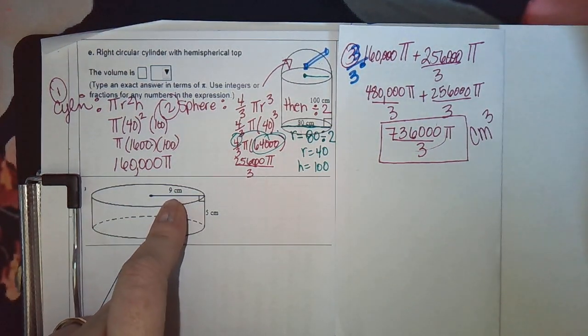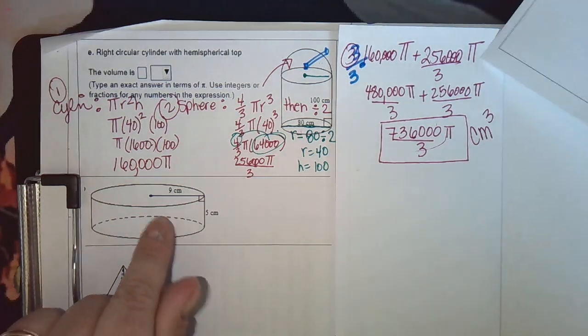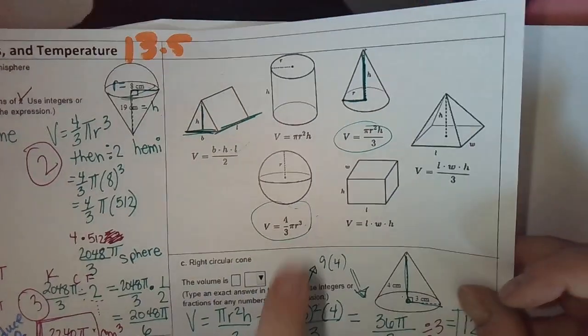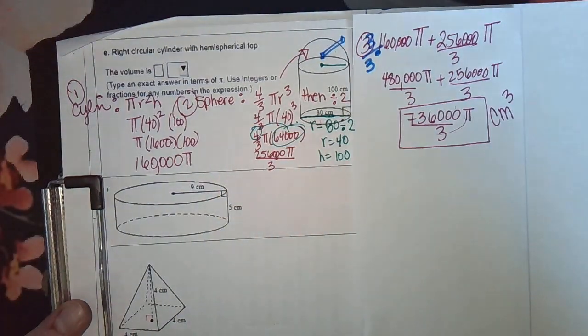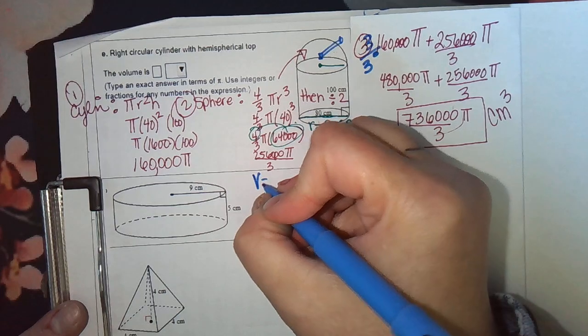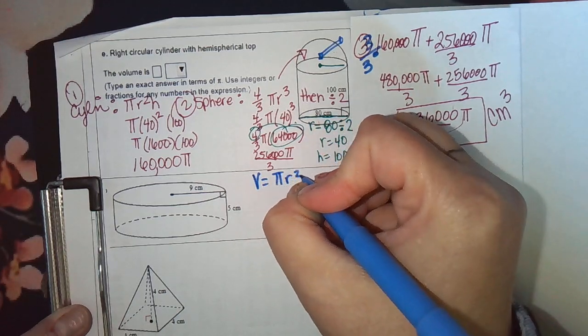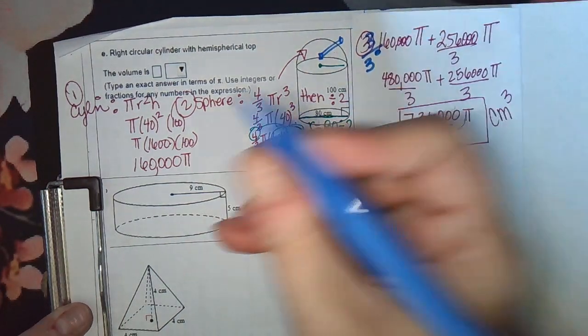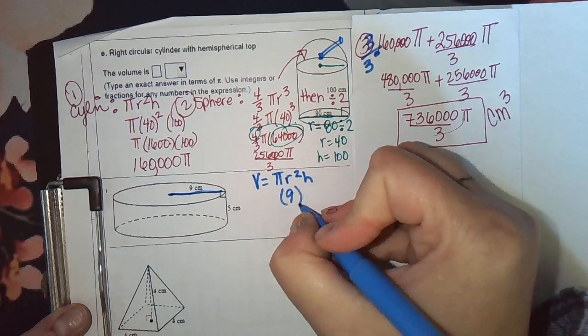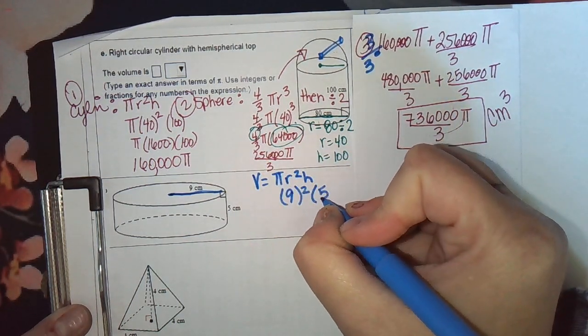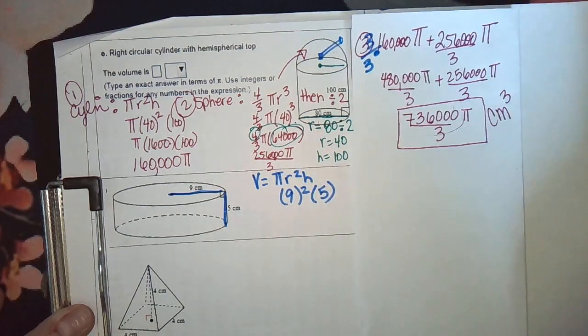Okay, let's look at this cylinder. It looks like a wheel of cheese. V equals pi r squared h is the formula for a cylinder. R is from the center of the circle to the outside, 9. H is the height, 5.